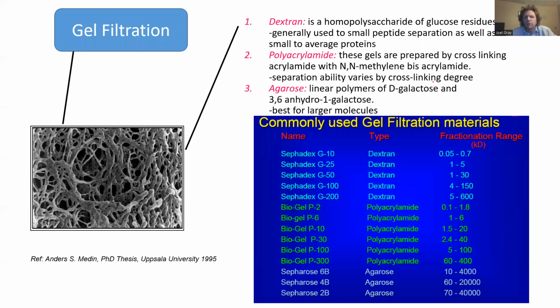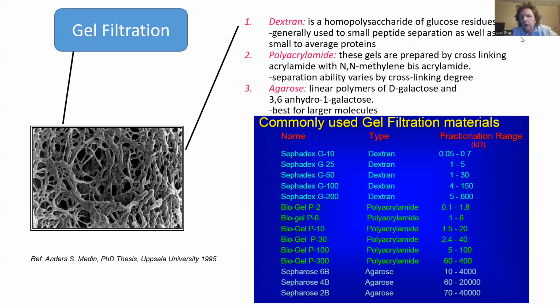Now, here are a couple of different materials, and here's a cryo-EM image of a gel filtration bead on the left-hand side of the screen. Now, that's kind of the material that your proteins are migrating through. That kind of structure there is made up of one of three different materials. It's dextran, a homopolysaccharide of glucose residues used for small peptide separation. Polyacrylamide.